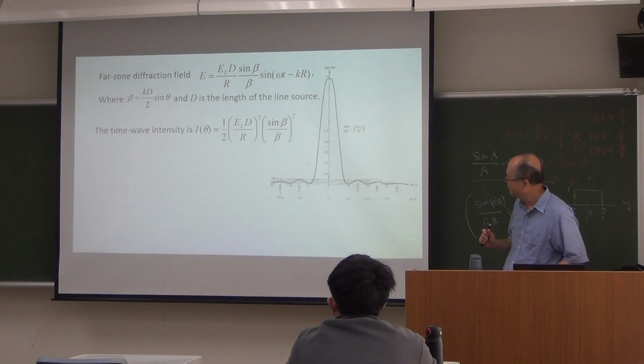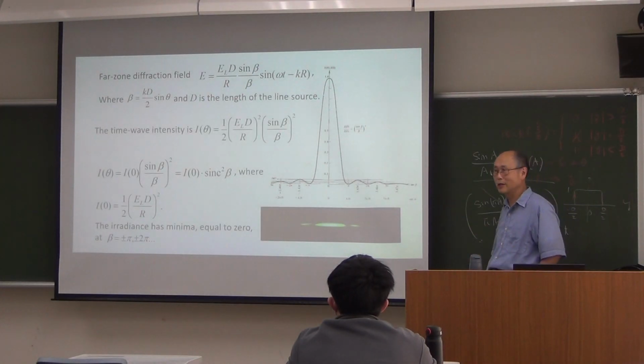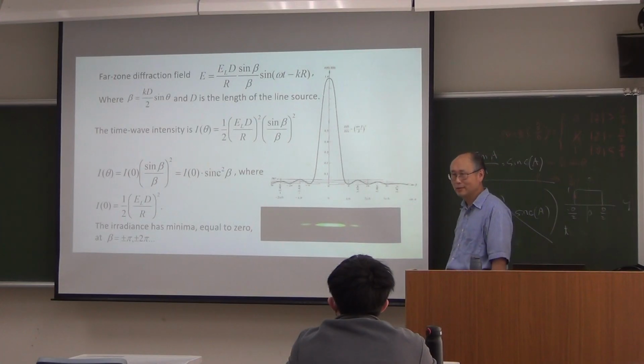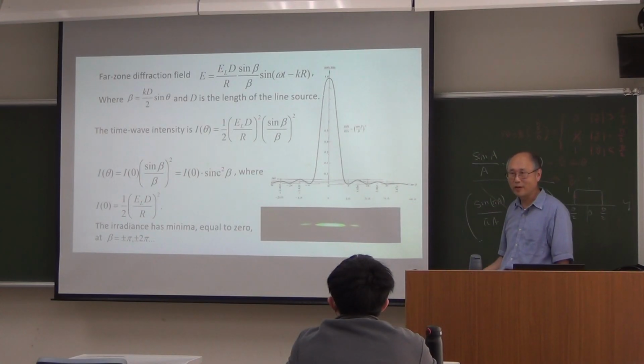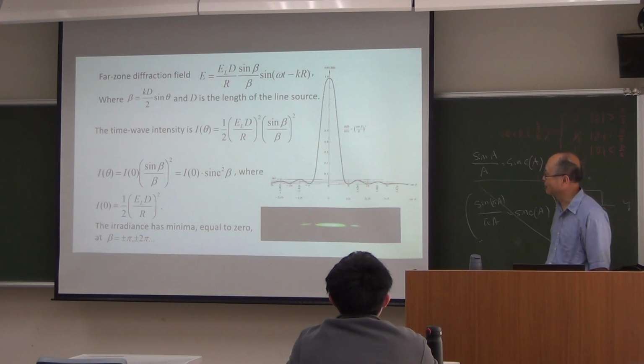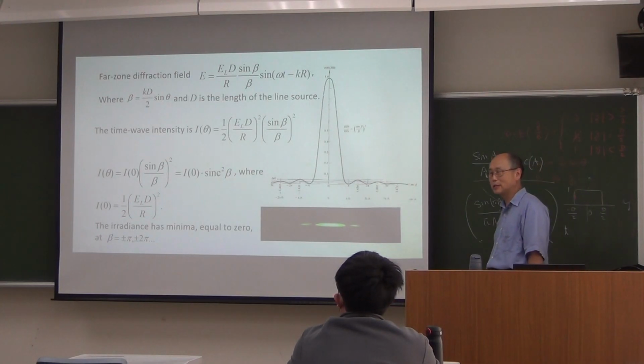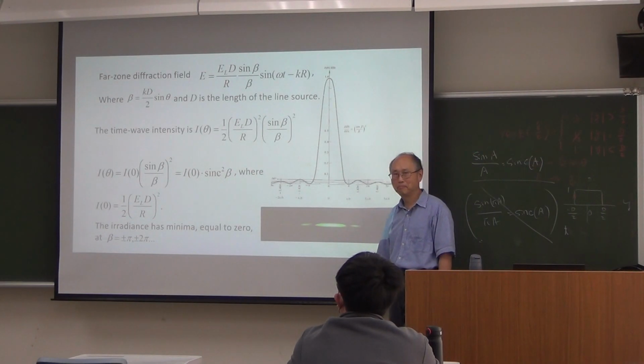Okay. And so this is exactly what is shown on the wall. Simple enough, right? Yeah, you get the sinc function. That is a Fourier transform of a square function, rectangular function. All right, are there any questions for this?